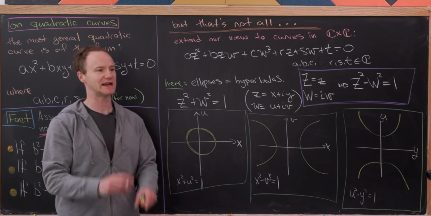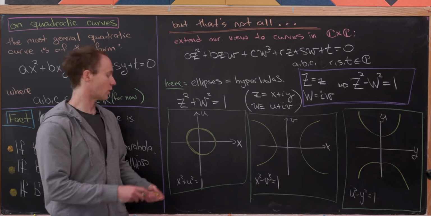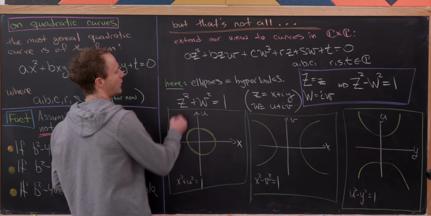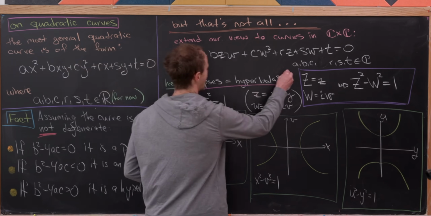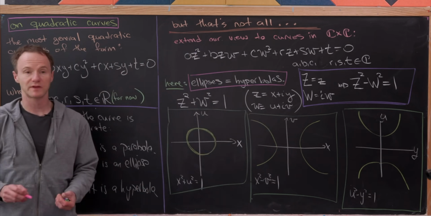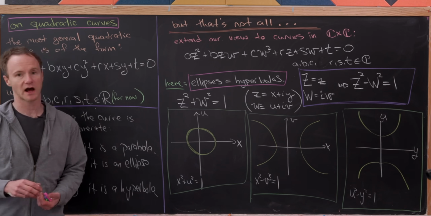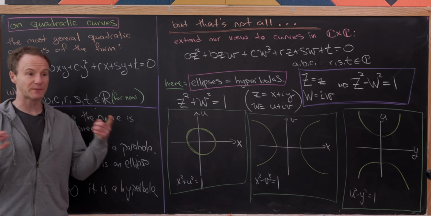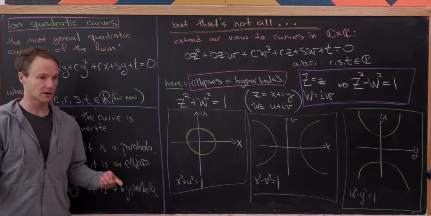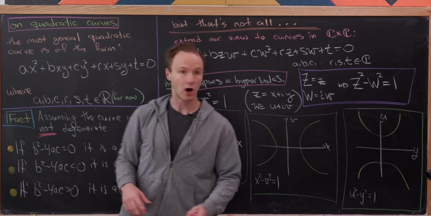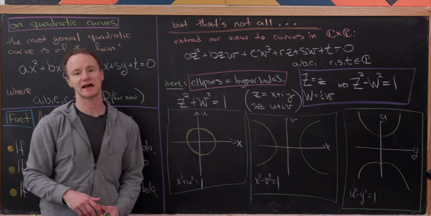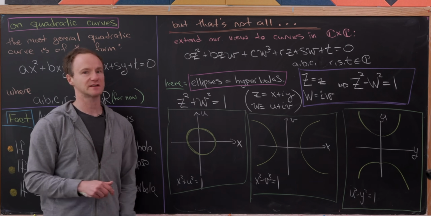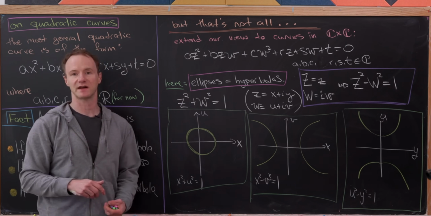That's the path towards this fact right here, which was the whole point of the video, and that is that in complex 2-space, ellipses are hyperbolas. But actually that's not all. If we expand our world even bigger, parabolas are also in the same class as ellipses and hyperbolas. But we're not going to do that today. Maybe post in the comments if you'd like to see that. And that's a good place to stop.